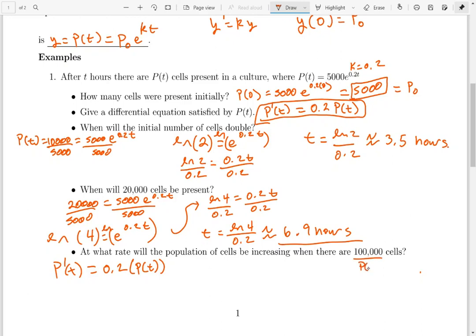This is specifically the population at some unknown time t, and so that tells me that p prime of t is equal to 0.2 times 100,000, which is exactly 20,000 cells per hour. And so it's 20,000 cells per hour at that moment in time.